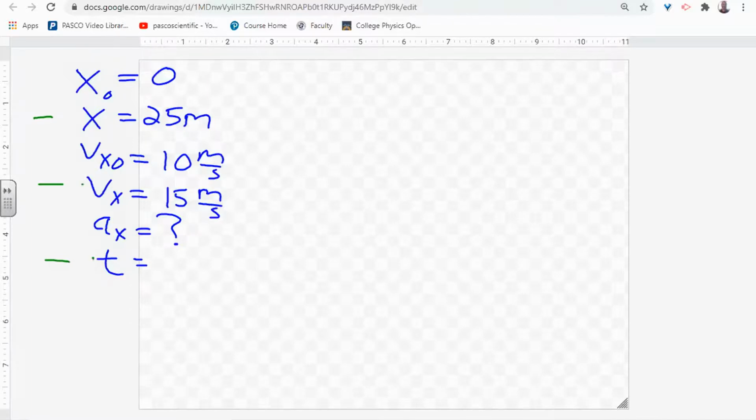And what I mean by missing is you don't have it, and you don't need it at all in order to solve the question. So I don't have anything written next to t, so that means I don't need it. And because it's the third of my 3 variables that I could be missing, that means I'm going to use the third kinematic equation on my formula sheet.